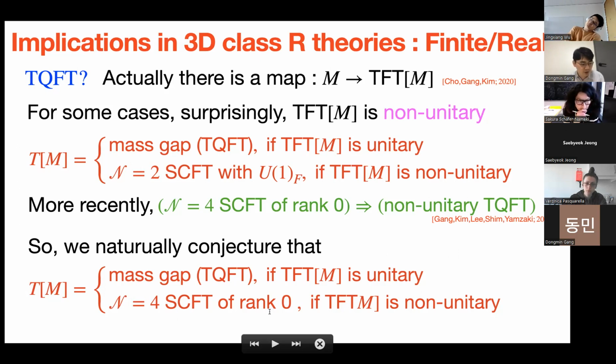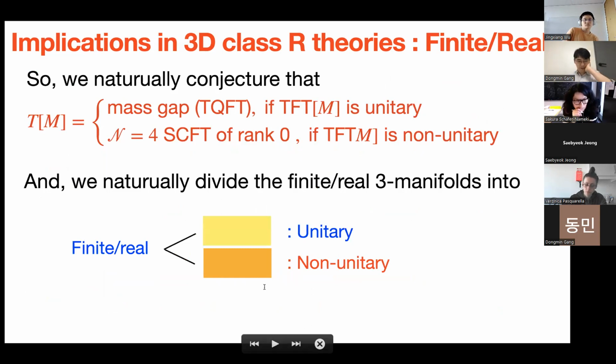So this is our claim. From this result, we naturally divide the finite and real 3-manifolds into two additional classes, unitary and non-unitary, depending on whether the TQFTs are unitary or non-unitary.